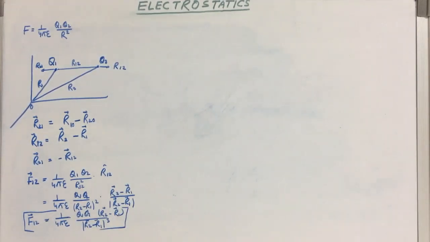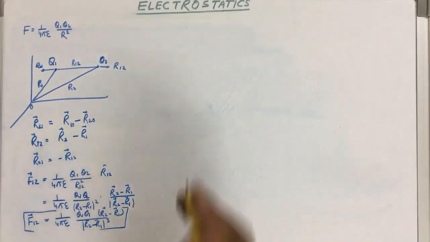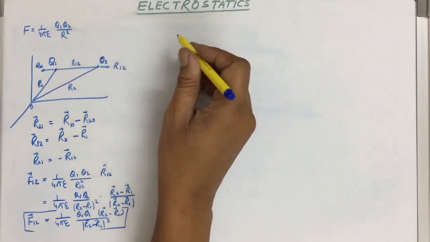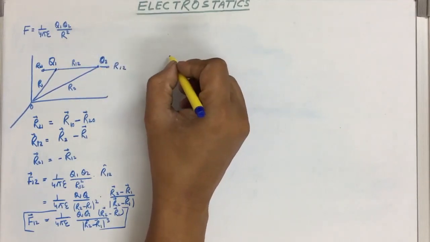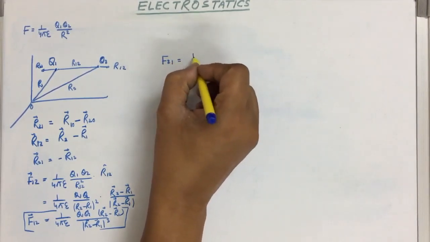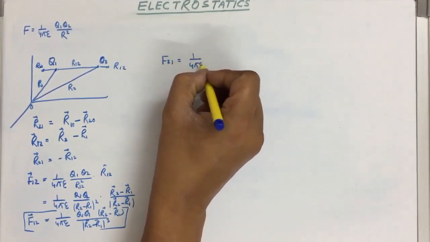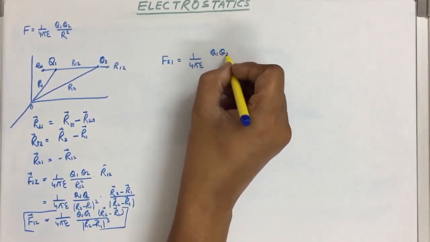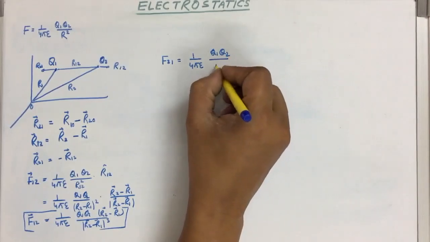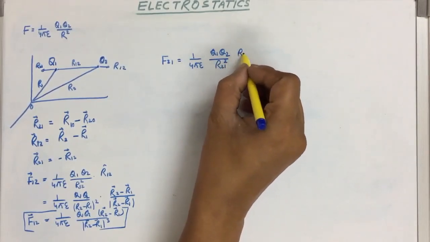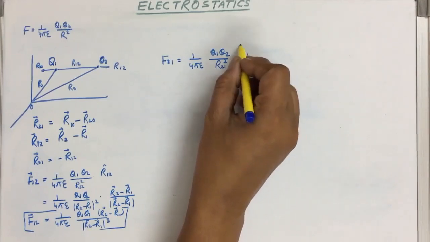Okay. Now similarly find the force at this due to this one. F21 will be equal to 1 by 4 pi epsilon Q1 Q2 divided by R21 square, and the direction is R21.